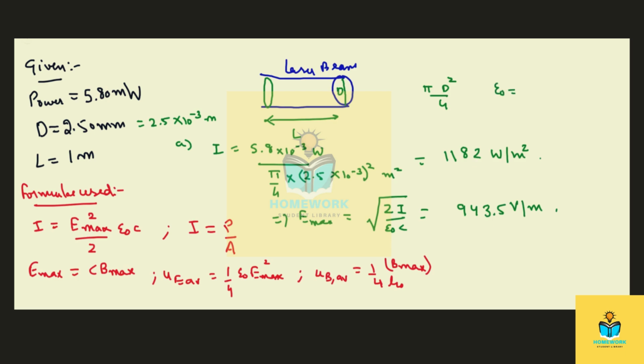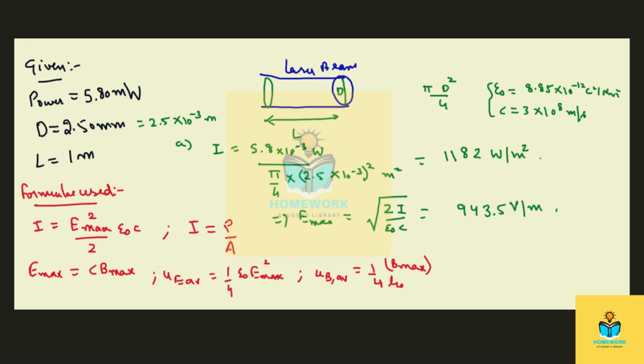So epsilon naught is equal to 8.85 into 10 to the minus 12 Coulomb square per Newton meter square. And c is equal to 3 into 10 to the power 8, which is the speed of light, meter per second. So use this constant here. So that's why we have 943.5 volt per meter.